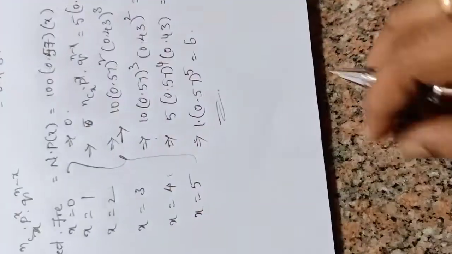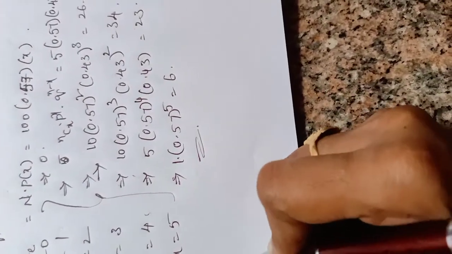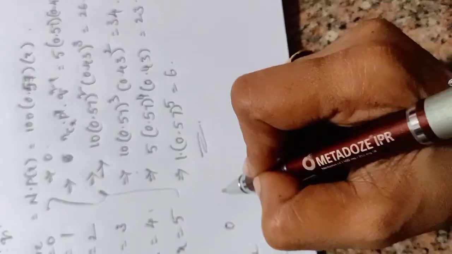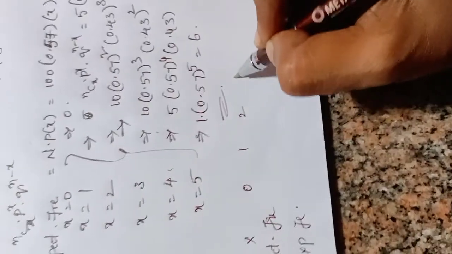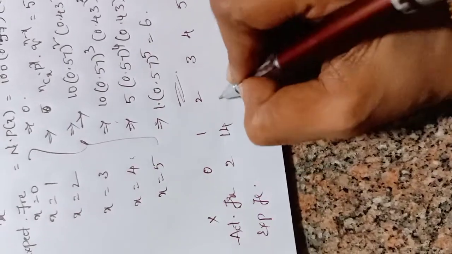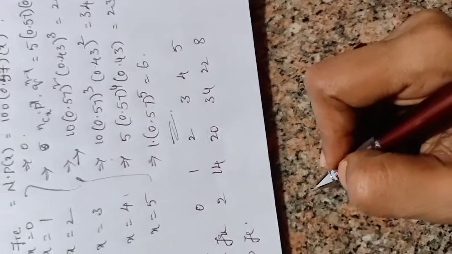So we have to write down here x, actual frequency and expected frequency. What are the x values? 0, 1, 2, 3, 4, 5. Actual frequencies 2, 14, 20, 34, 22 and 8.